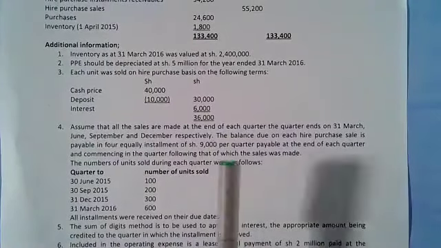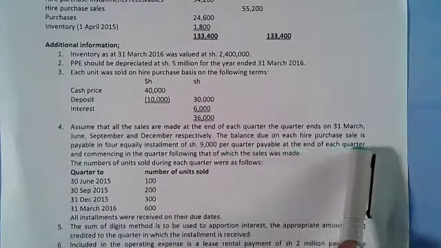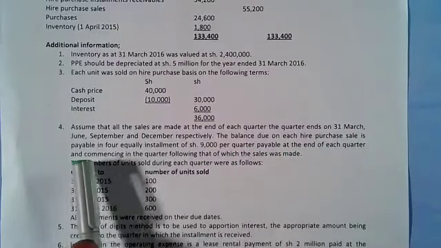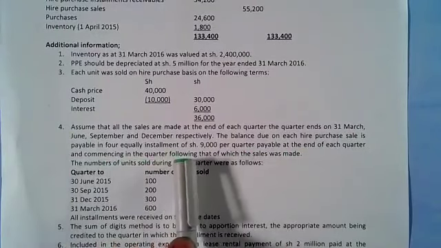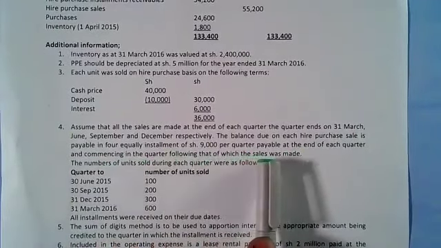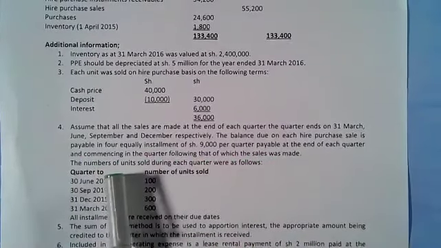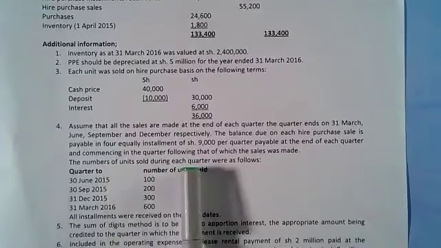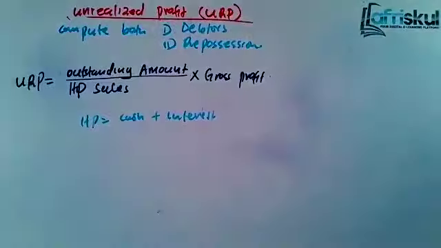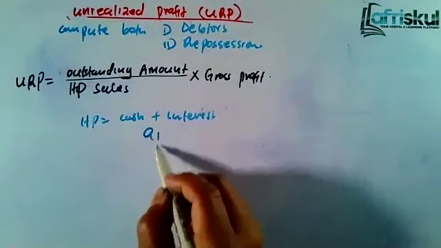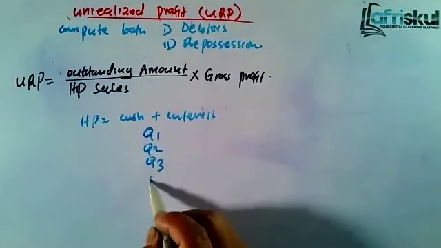I hope you are there. We are told that the balance due in each hire purchase sale is payable in 4 equal installments of 9,000 per quarter, payable at the end of each quarter and commencing in the quarter following that in which the sales were made. It means this. Remember we have 4 quarters, quarter 1, quarter 2, quarter 3, quarter 4.